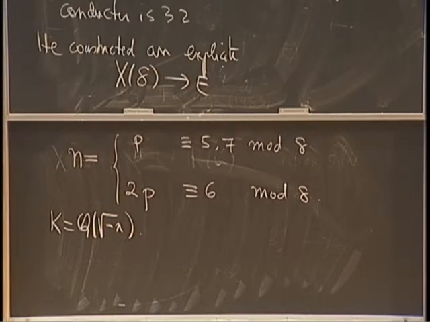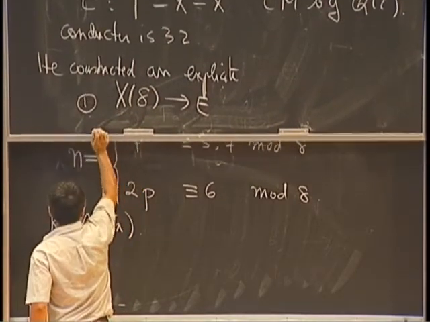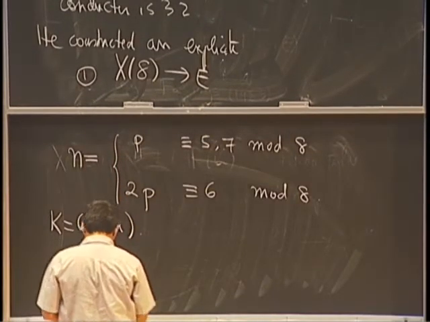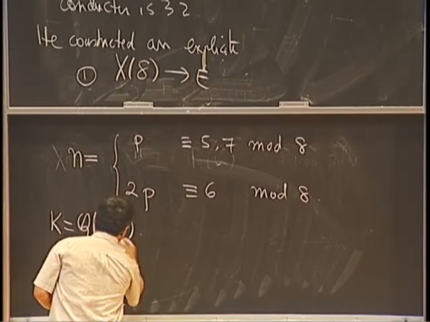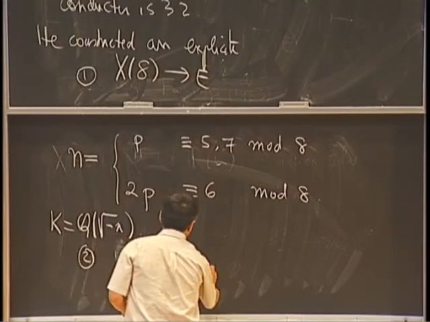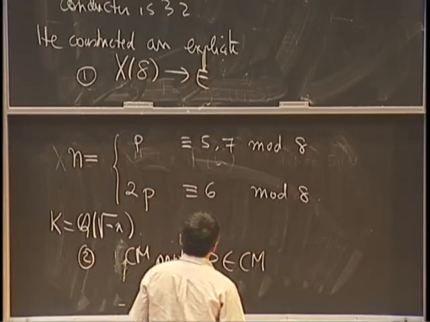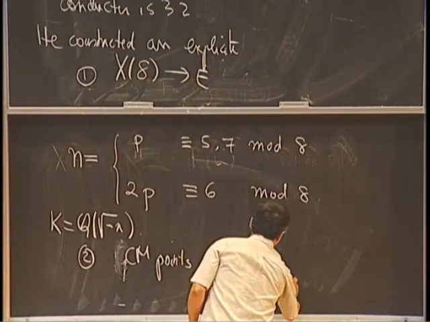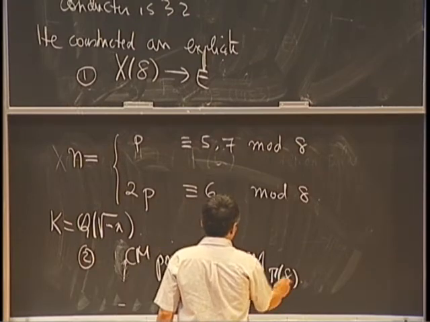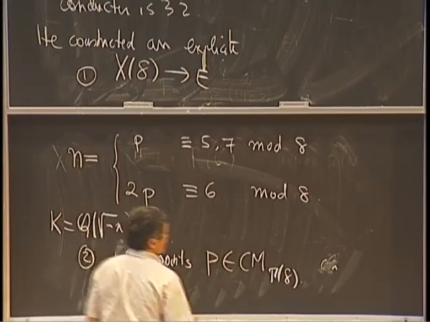And he constructed this. Also, he constructed some special points, CM points, P inside E(K). His basic theorem is the following.